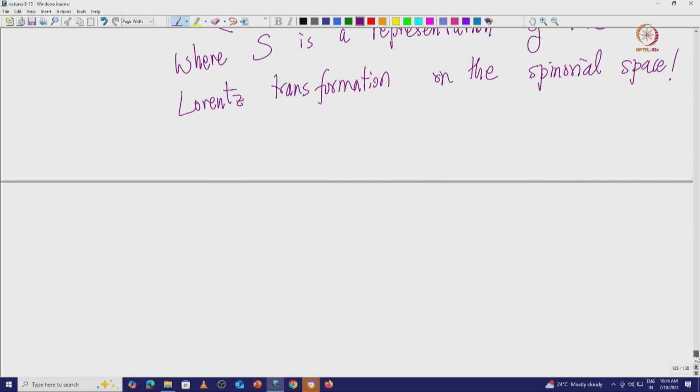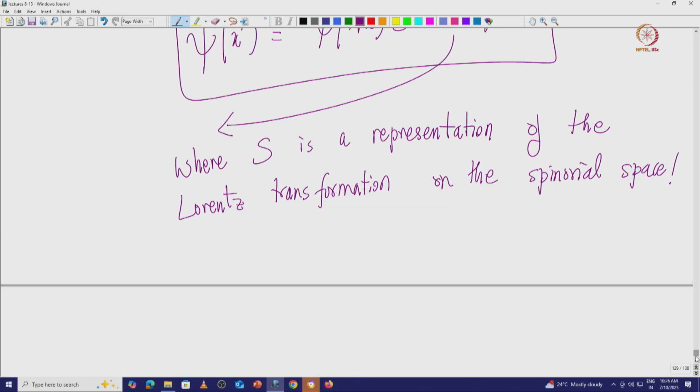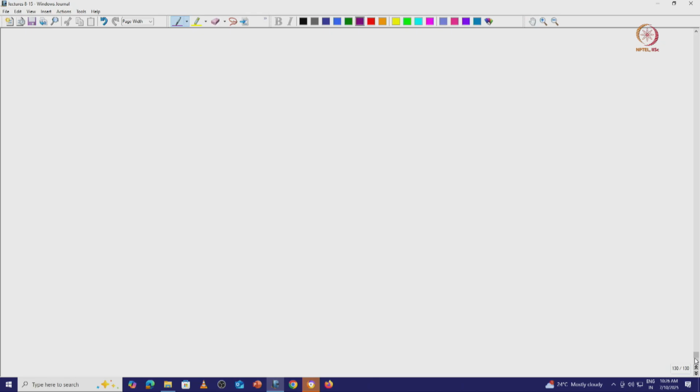So what we have is (i gamma^mu del_mu minus m) psi of x^mu is equal to 0. The same thing I should write down in a Lorentz-transformed form.